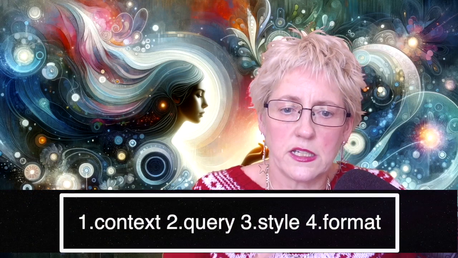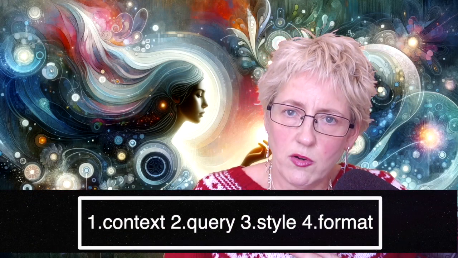When you get into the prompts, rather than just saying, I need a social media marketing plan, the first prompt is a construct of 4. So I always give context, query, style, output, and then a question.